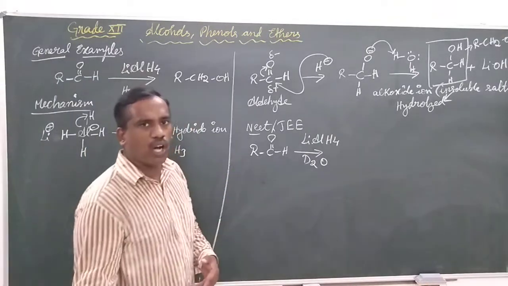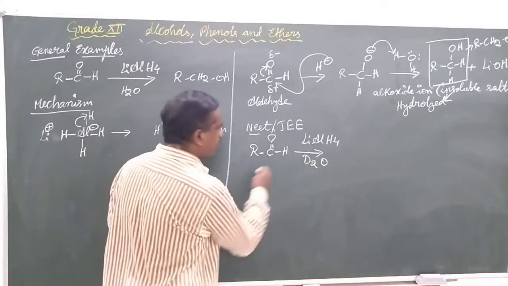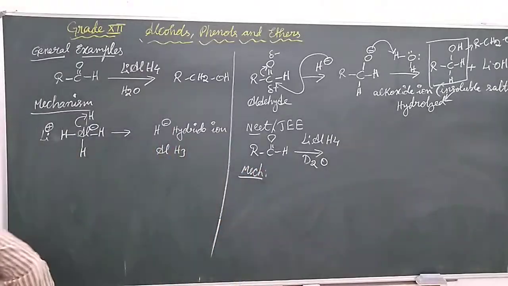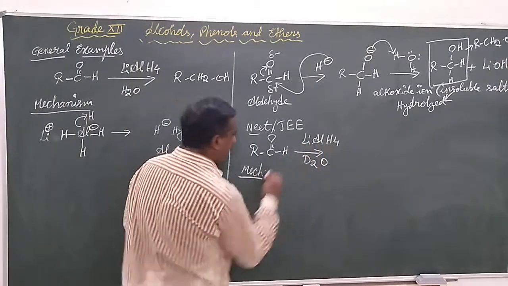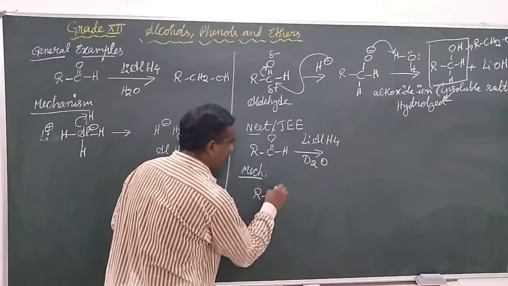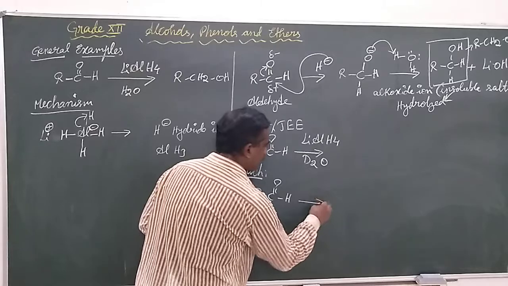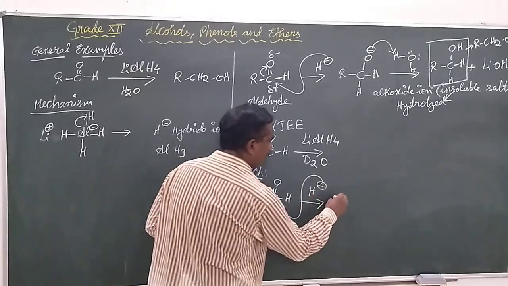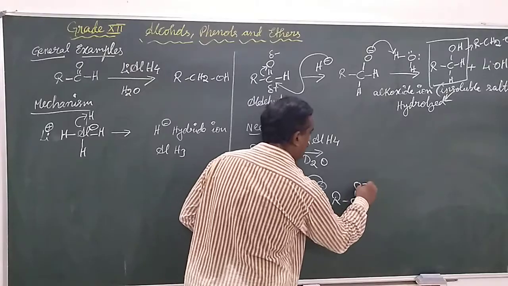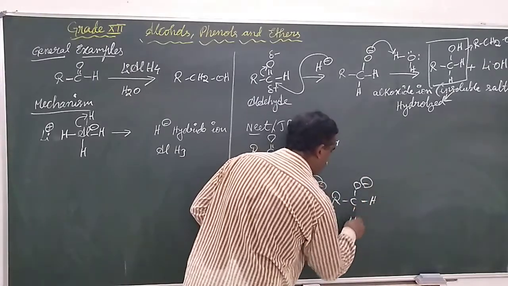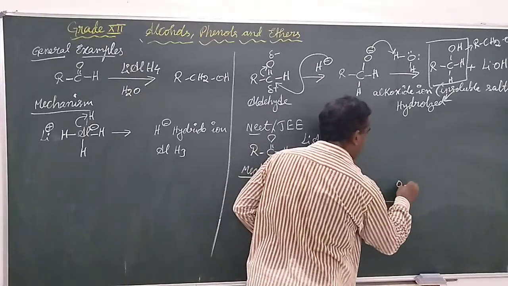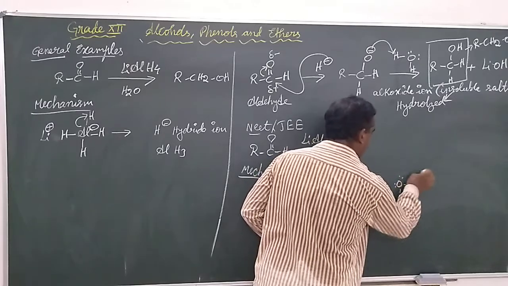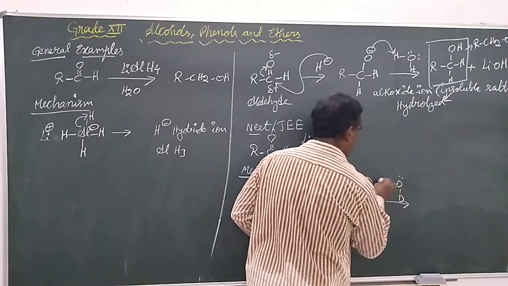So the mechanism is the same. That is, the hydride ion will be generated from the lithium aluminum hydride, that will add to the carbonyl group, and an alkoxide ion will be generated. But in place of hydrogens, we now have deuterium.